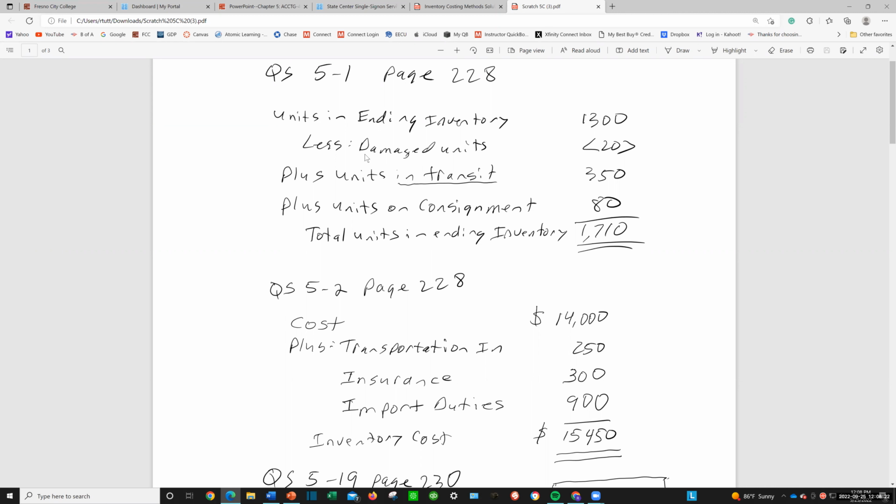Okay. Number one, she counts 1,300 units in her basement. Okay, so we'll put that 1,300 units in, but 20 of which were damaged by water and cannot be sold. So we have to back that out, less the 20 damaged units.